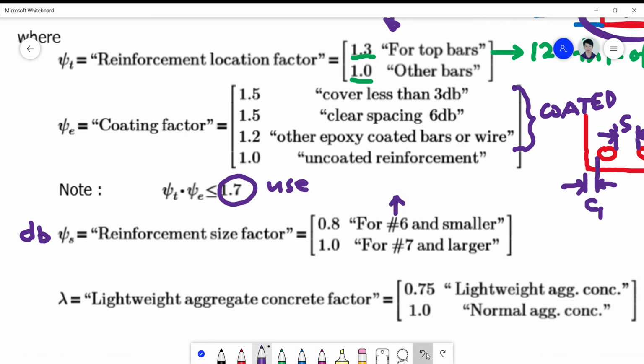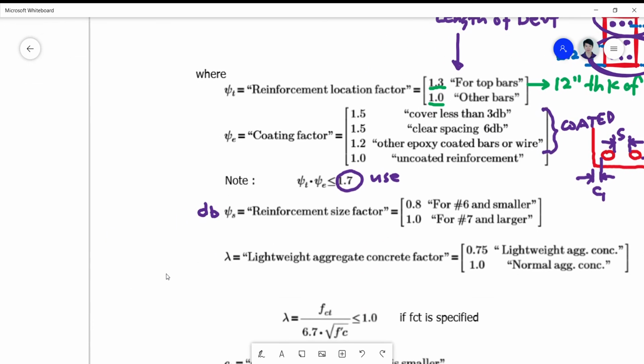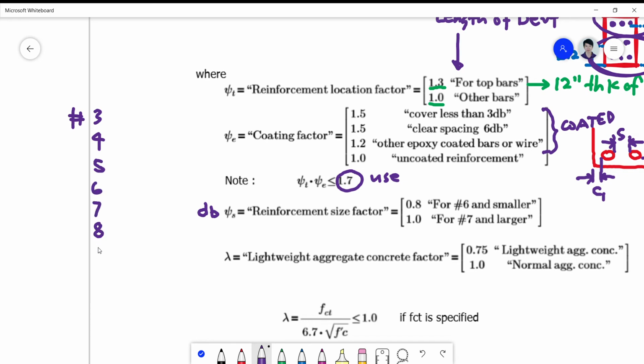Do you know the American standard? When we say number 3, 4, 5, 6, 7, 8, 9, 10, you just divide this by 8 to get your diameter.